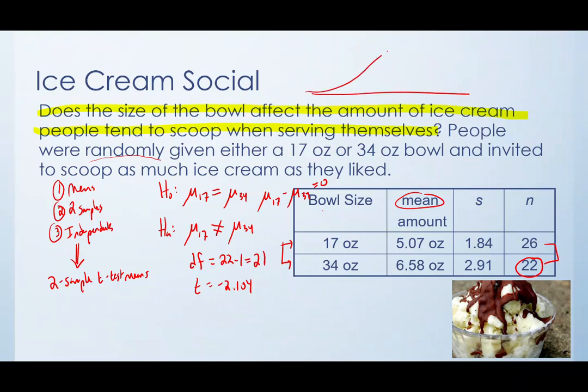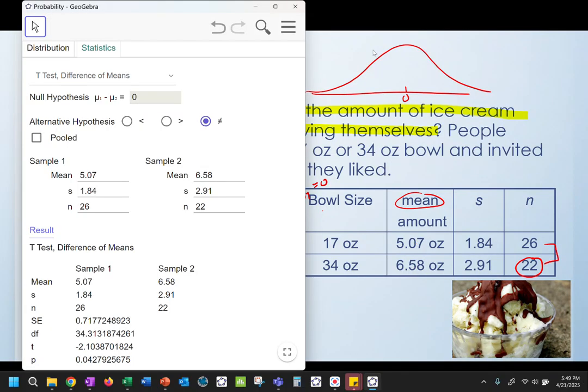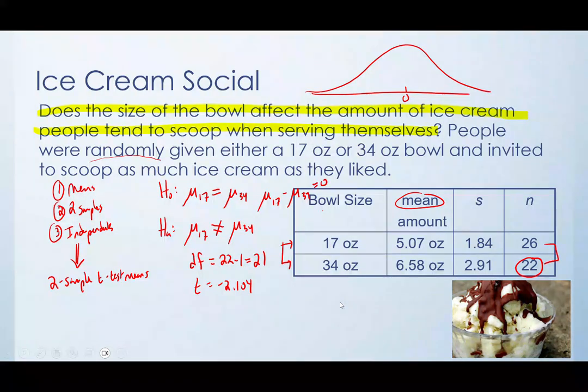Now, we should sketch this. The center would be the hypothesized difference of 0. Our actual difference, 5.07 minus 6.58. I think GeoGebra calculated that for me. No, of course not. But roughly speaking, negative 1.5.